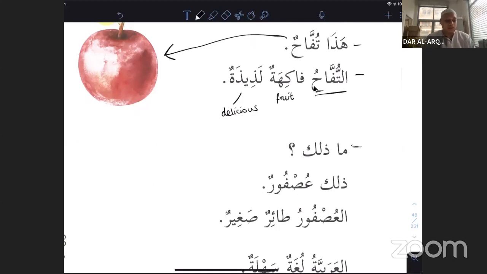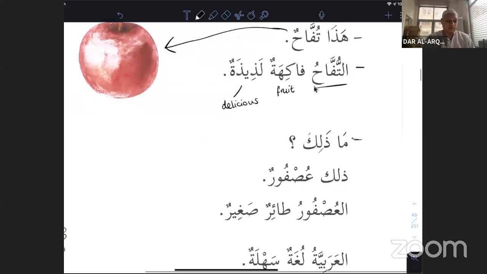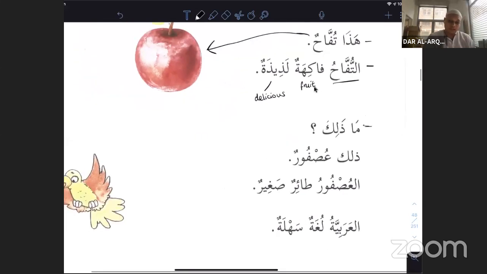ما ذلك. What is that? ذلك عصفور. عصفور is this bird right here, sparrow. That is a sparrow.